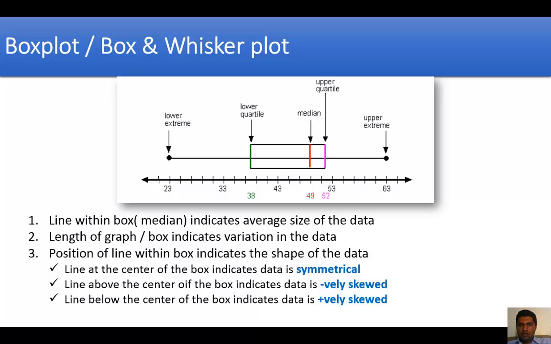If that red line is right in the center of the box, it indicates the data is symmetrical. And if that line is above the center, like in the picture above, your data will be negatively skewed. And similarly, if that line is below the center, the data would be positively skewed.